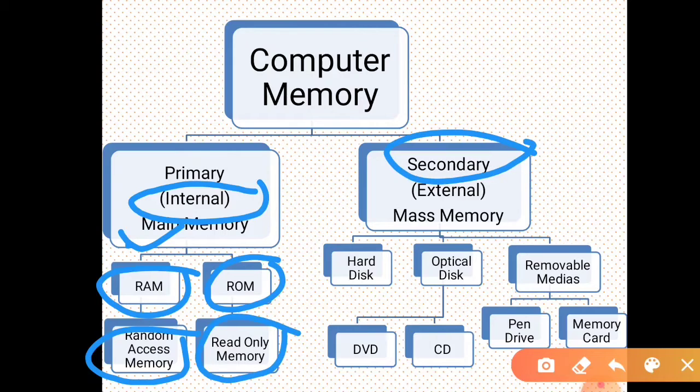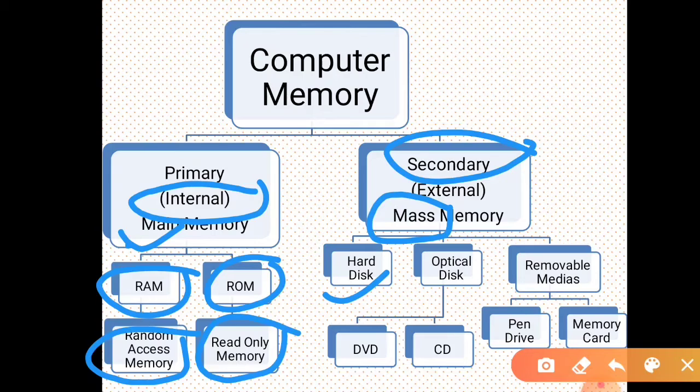Secondary memory you can operate externally also, and here you can store a large amount of data, so it is also known as mass memory. We use a hard disk to store a lot of data.